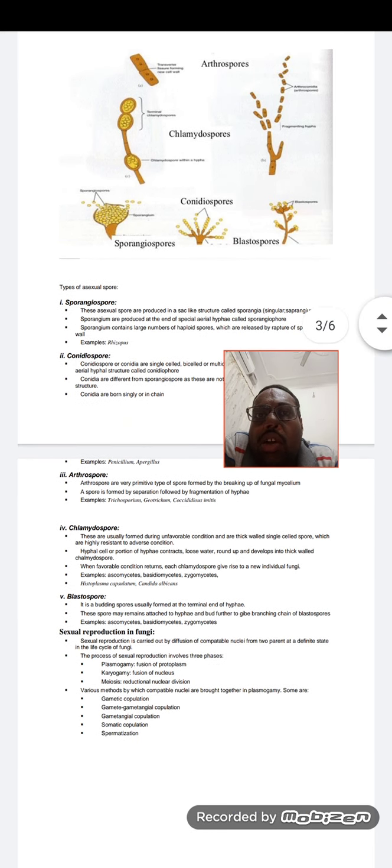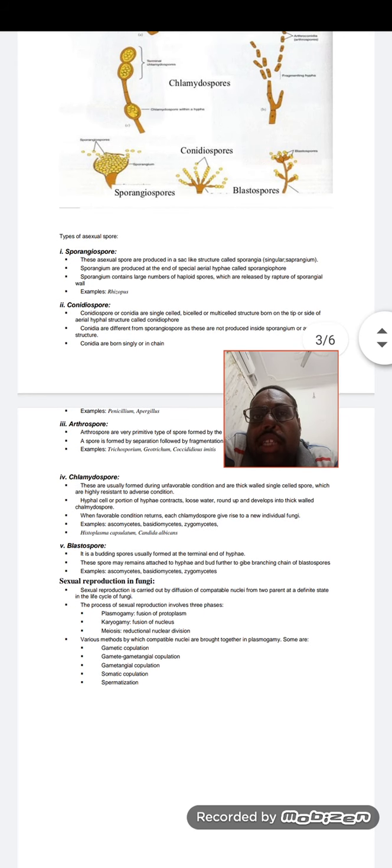And next one is the conidia. One of the best examples for conidiospores is Penicillium notatum and Aspergillus. In these, you can see at the tip of the hyphae some multinucleated structures.